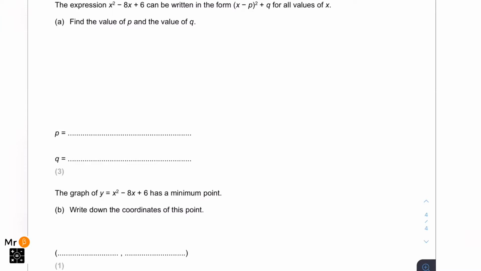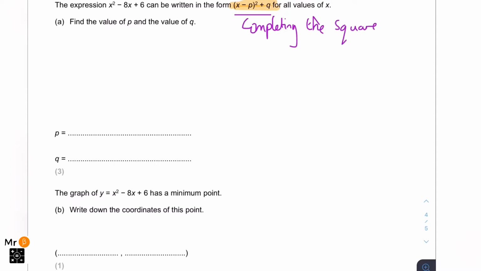This is completing the square on a quadratic. The reason I know it's completing the square is because it's asked for it in this form, where it's given as a square bracket plus something at the end. So as soon as you see this part here, you need to think of completing the square.